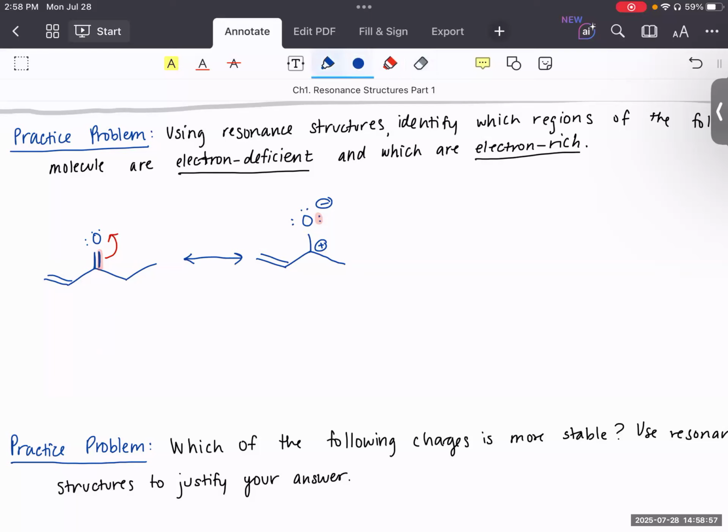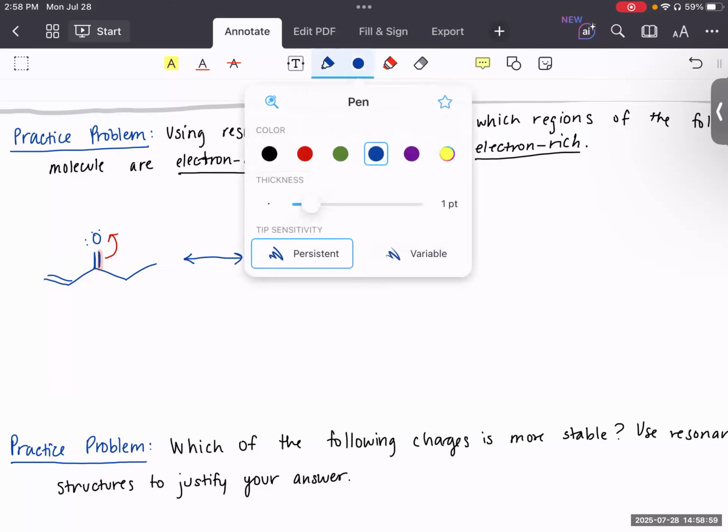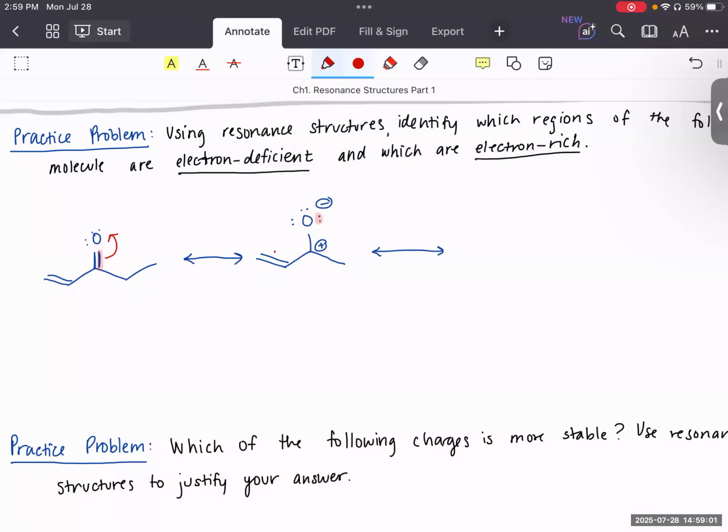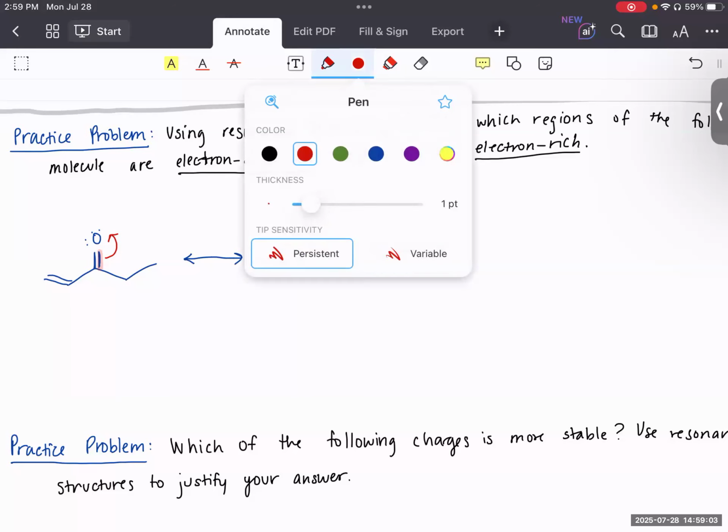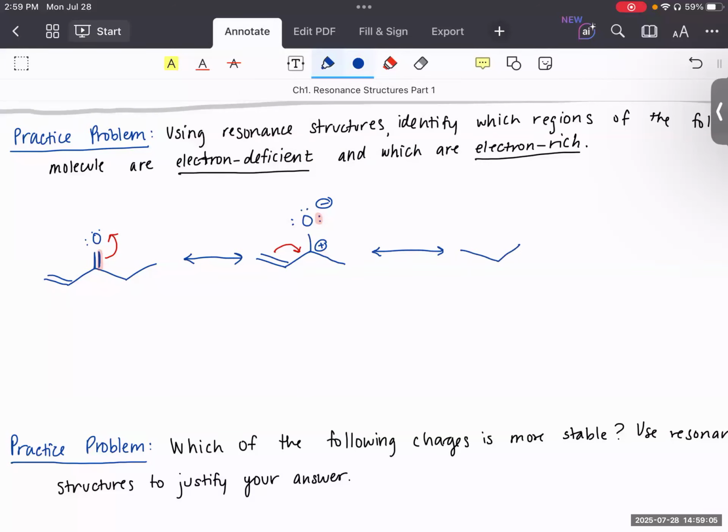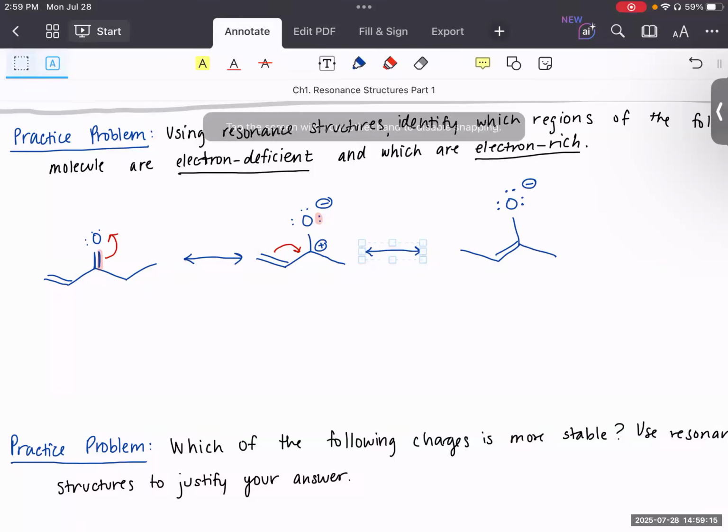All right, from here, we can draw out that next resonance structure that we can get from shifting over this double bond 1 spot over. And so now what we get is that this terminal carbon now has that positive charge. And recall from my previous video, we always want to make sure that the net charges end up being the same across all the structures.